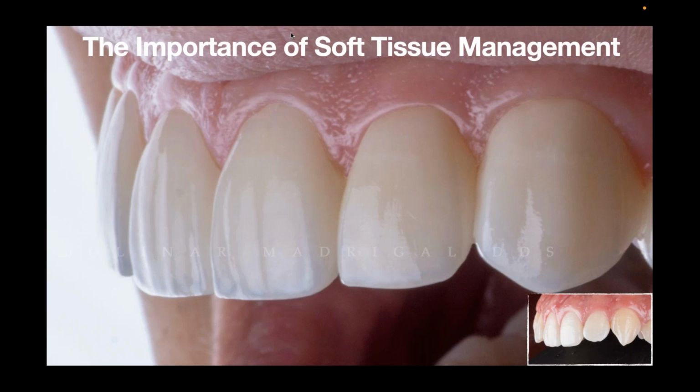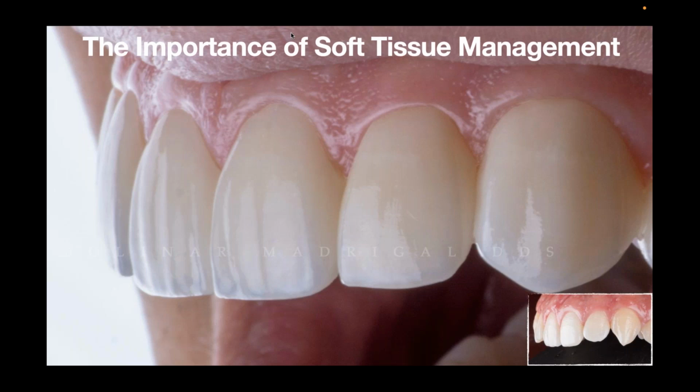So soft tissue is actually going to impact the outcome either negatively or positively, depending on how healthy it is. If we have soft tissue that is not healthy, the aesthetic outcomes are just not going to be the same.